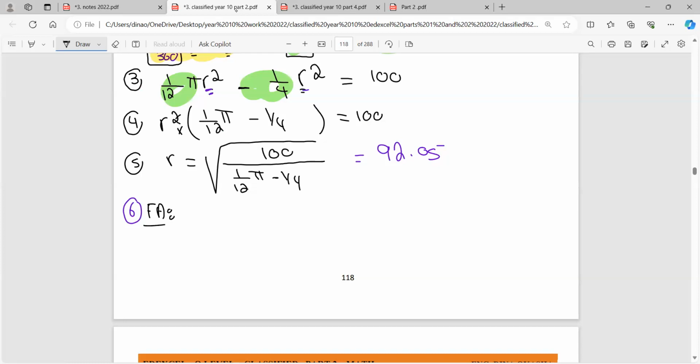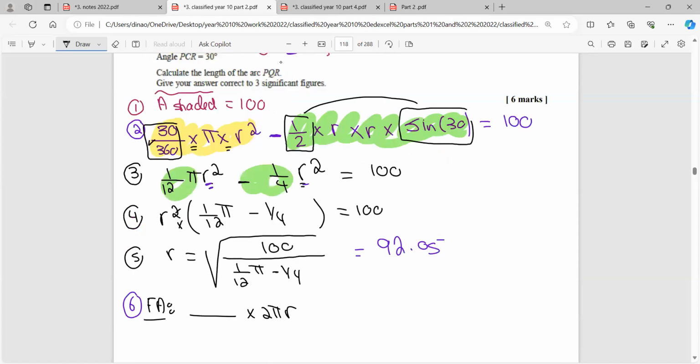For the length of the arc, I'm going to use the circumference rule, 2 pi r. And remember, I'm going to multiply it by the fraction that represents my sector, which is angle of sector divided by 360. And then I will multiply by the radius that I just calculated, which is 92.05. And of course, for better accuracy, use the answer button.